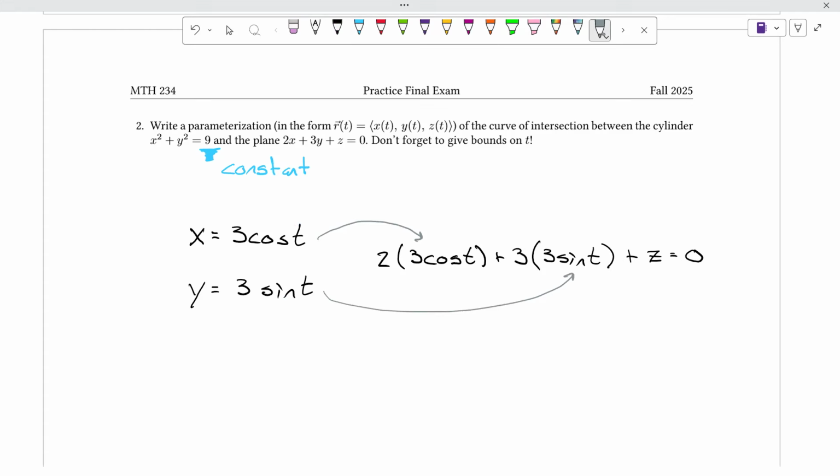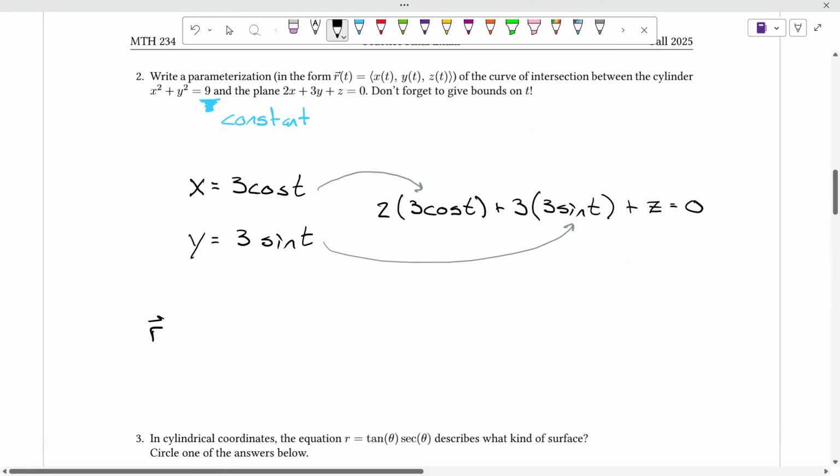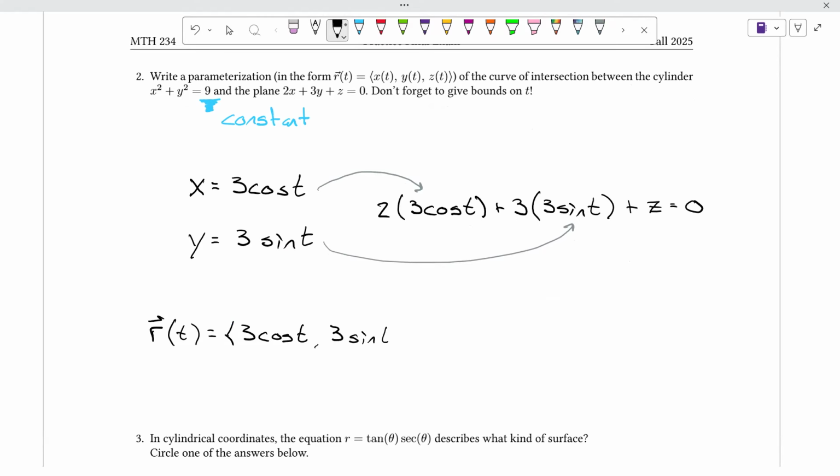And a quick rearranging of the third equation to have z equals should give our parameterization. So r of t is going to be 3 cosine t, 3 sine t, and then this looks like negative 6 cosine t minus 9 sine t. Since if I solve that equation for z, I would just move both of those terms to the other side, which is why both the 6 and the 9 become negative. And also 2 times 3 is 6, 3 times 3 is 9, but I bet you got that part.